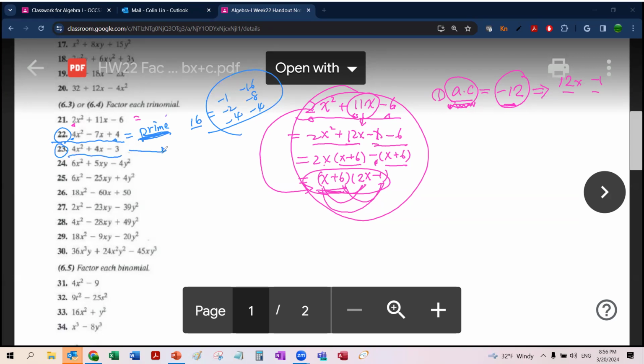All right, see this part. So it becomes what? First, 4 times -3 is -12, and factor them. Make sure the sum of them becomes +4. So you guys can imagine, what if two factors of -12, the sum of them would be +4. Use your smart brain.